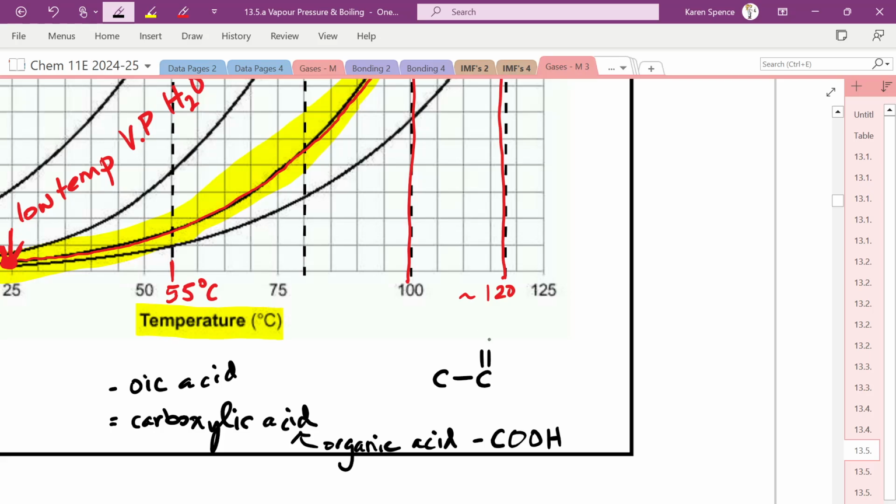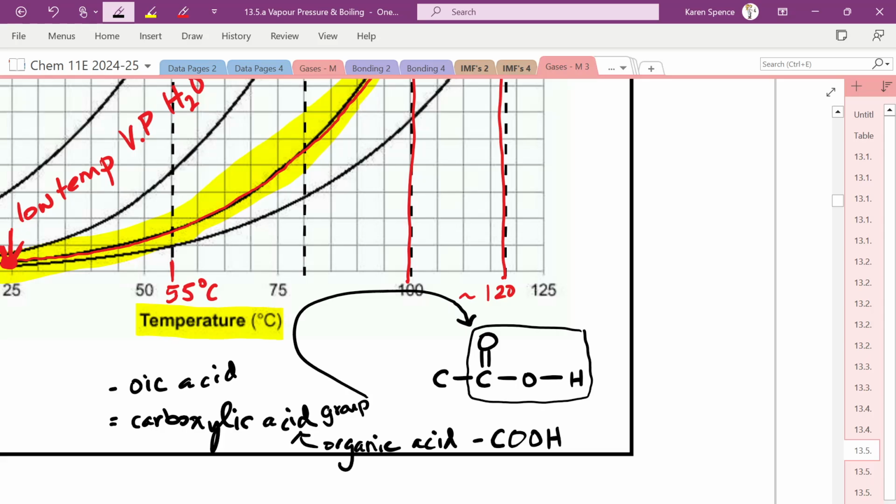And the first O is a double bonded O. And the second O is an OH. And what goes on? So this is the carboxylic acid group. C double bond OOH.